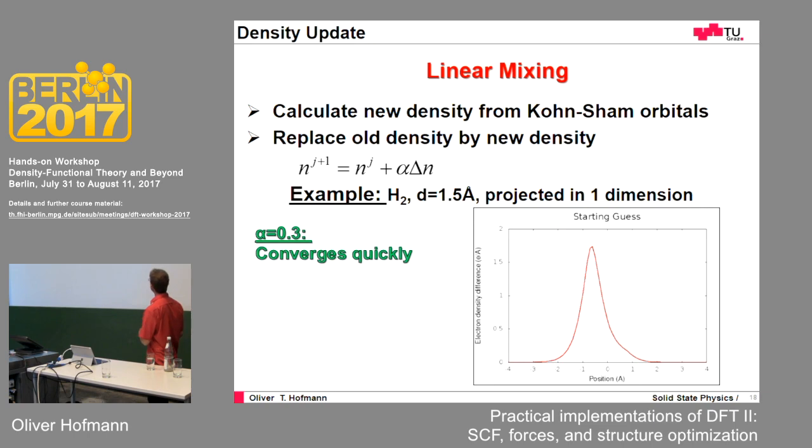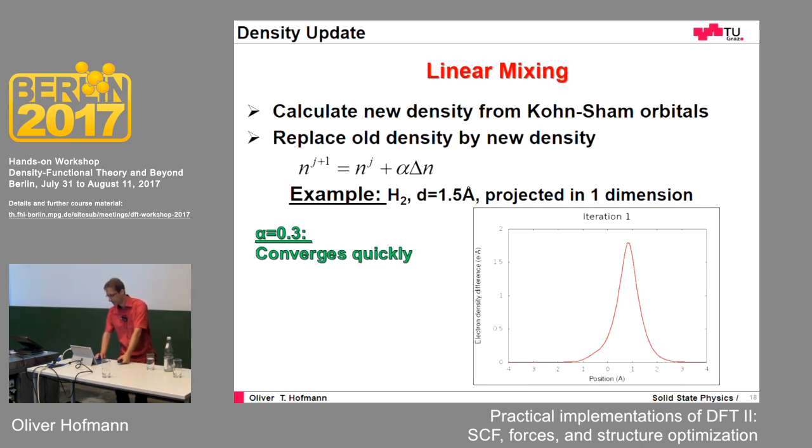And here's again the example with the very bad initial guess, where I use essentially 30% of the new electron density. What you can see here is that from the very bad initial guess, we very quickly find a sensible and converged solution.